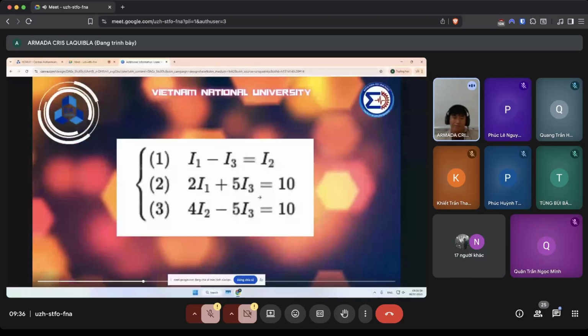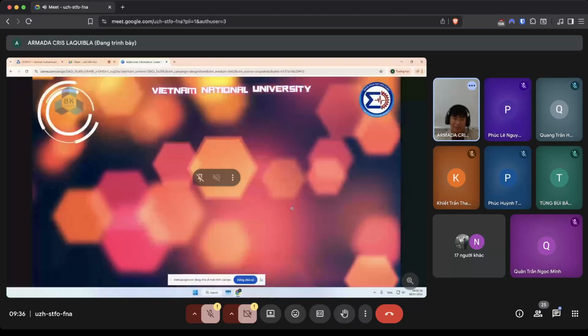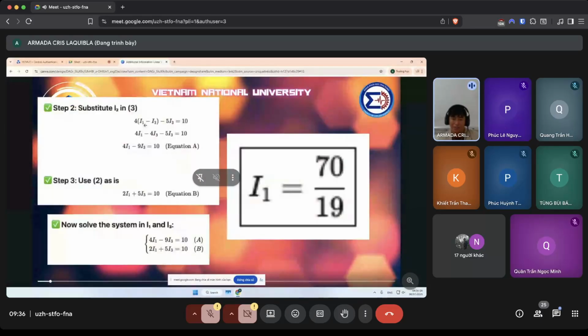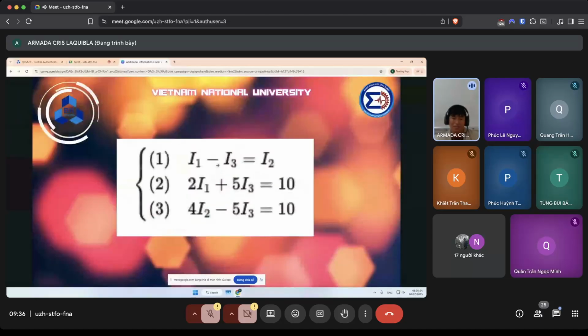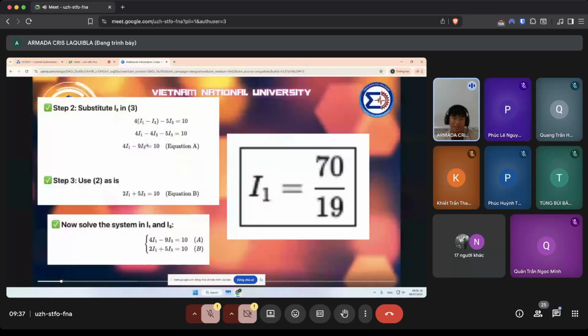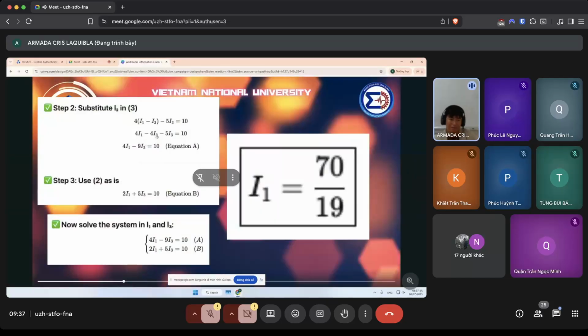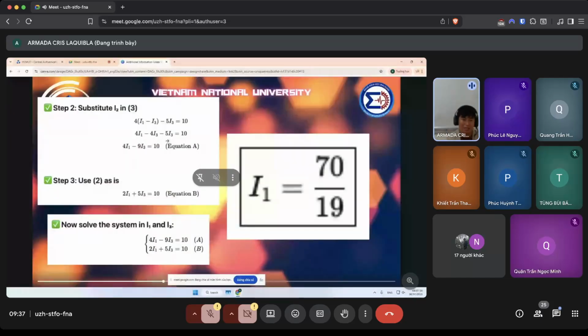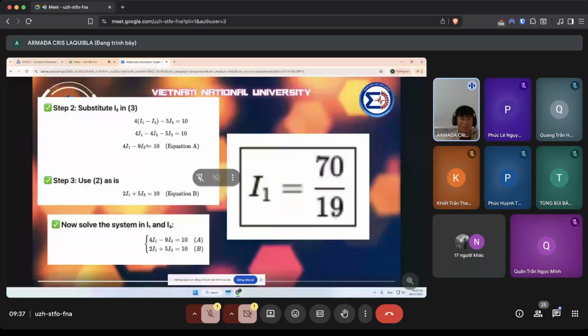Now, next, what I did is we have an I2 here. We substitute it here in equation number 3 so that we have I1 and I3 only. So substituting it there, we have 4I1 minus 4I3 because you have to multiply it here and then minus 5. Now combine the I3 here, we have minus 9I3. Just copy this too.